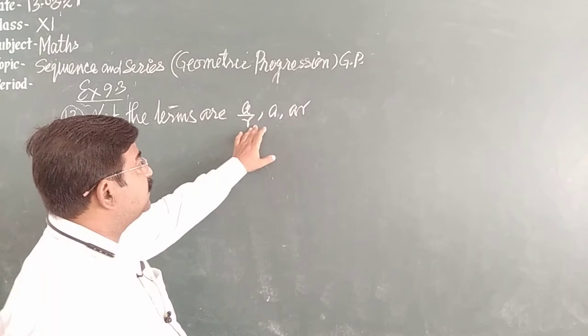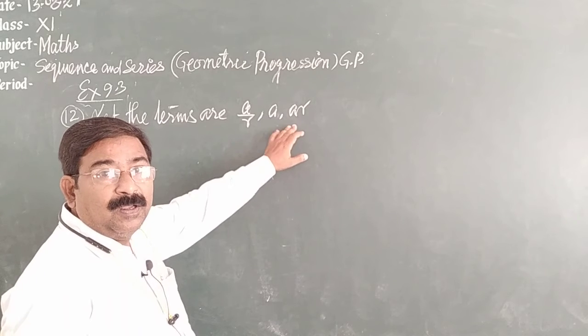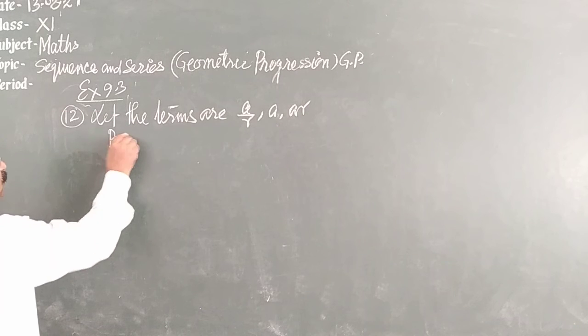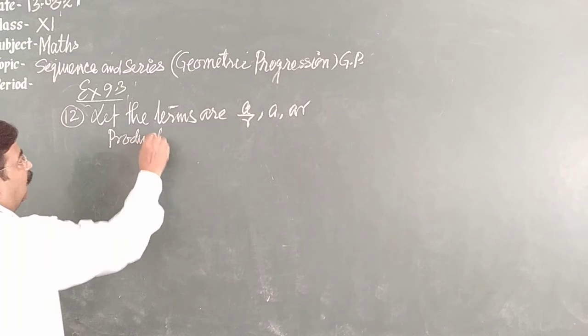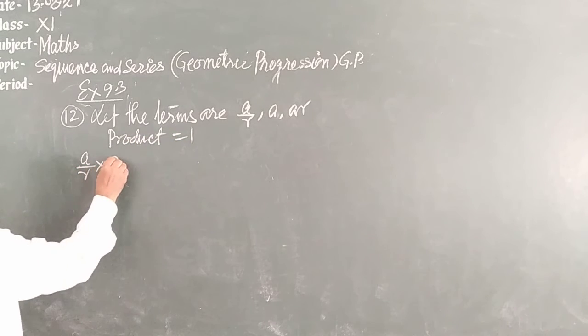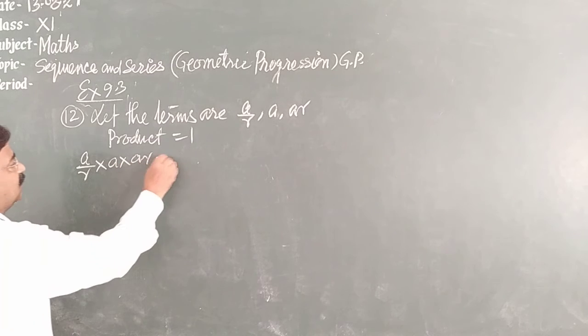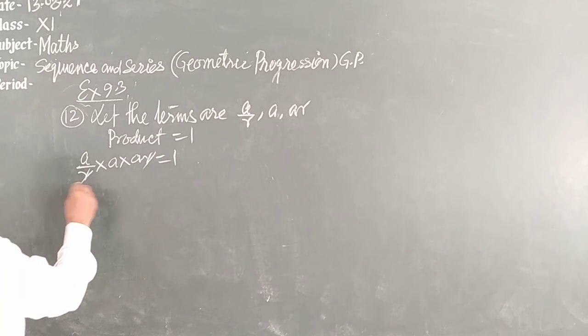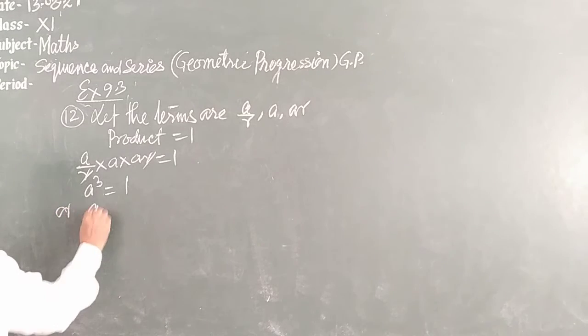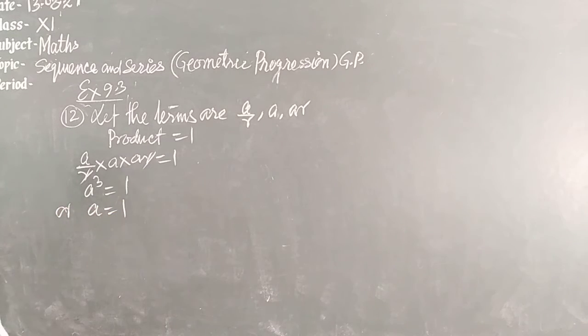According to the question, the product is given as 1 and the sum is given as 39 upon 10. So the product is 1: a upon r into a into ar is equal to 1. This r and r will cancel. We have a cube is equal to 1, or a is equal to the cube root of 1.